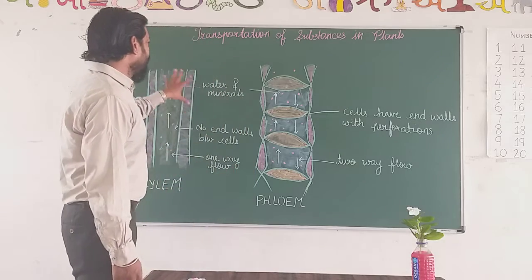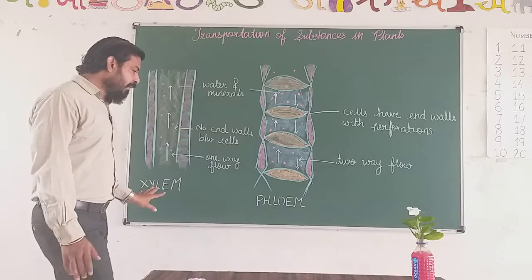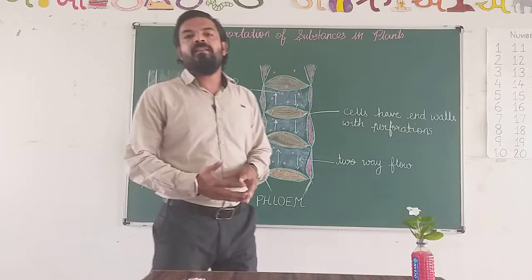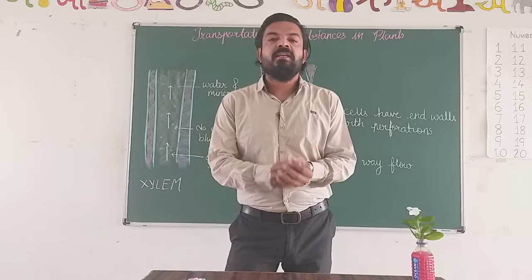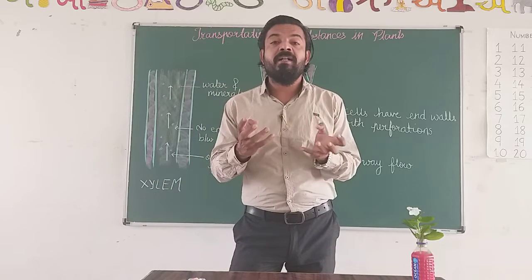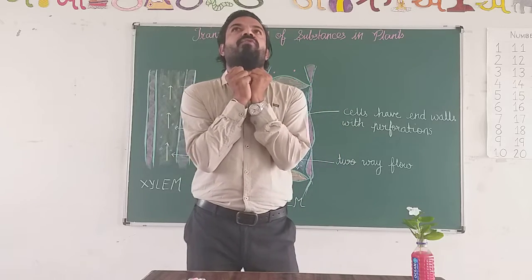So here you can see a different diagram. This is a xylem, this is a phloem. These are the vascular bundles, which are made with the help of tissues.